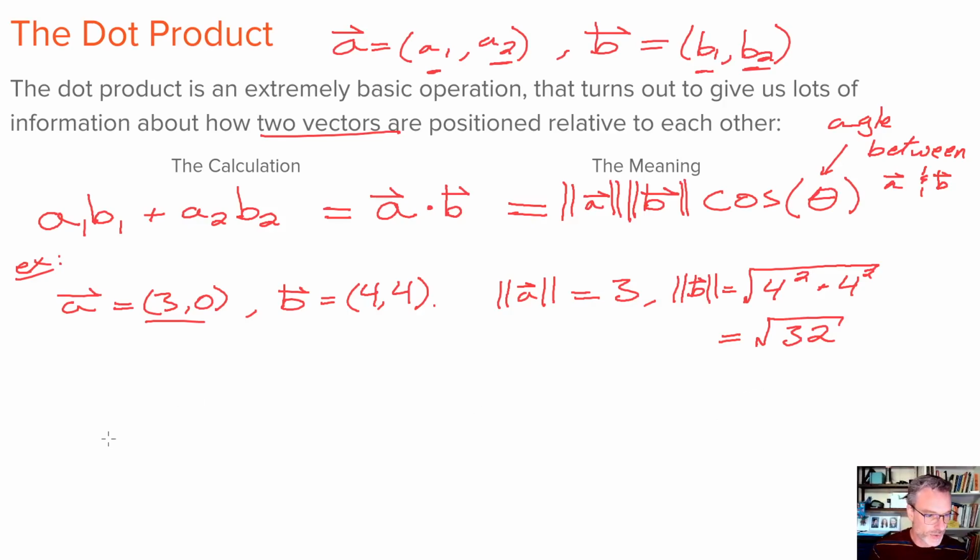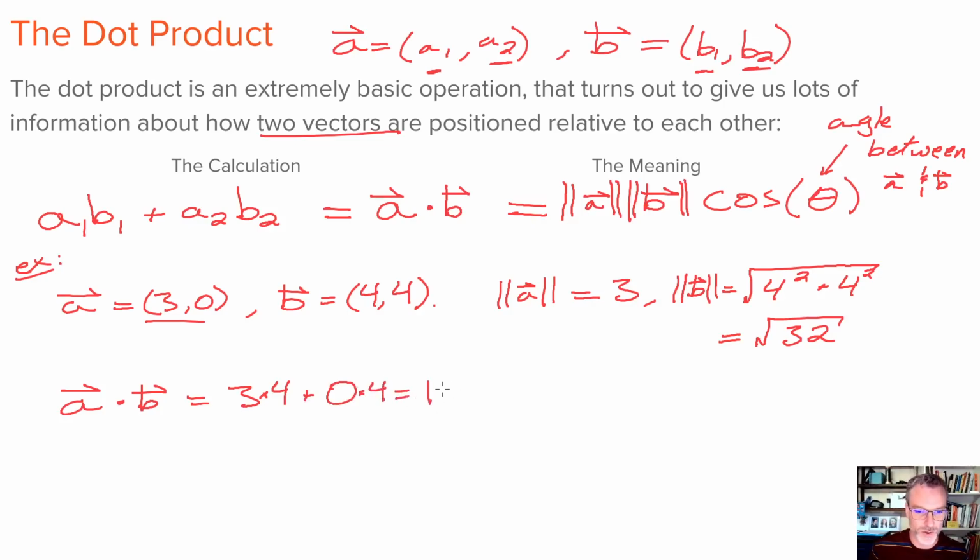Okay, so now let's calculate the dot product of A and B. So the dot product of A and B is just 3 times 4 plus 0 times 4.